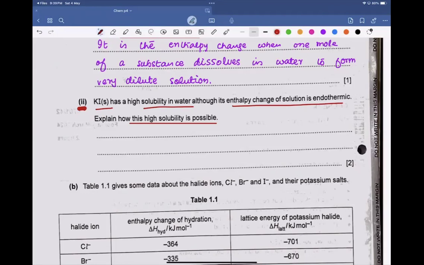And the other thing, that the Gibbs free energy must be negative, because that makes the process feasible. So it is because the change in entropy is positive and Gibbs free energy is negative, that makes it highly soluble, and that makes the process feasible. Is this understandable to all of you?